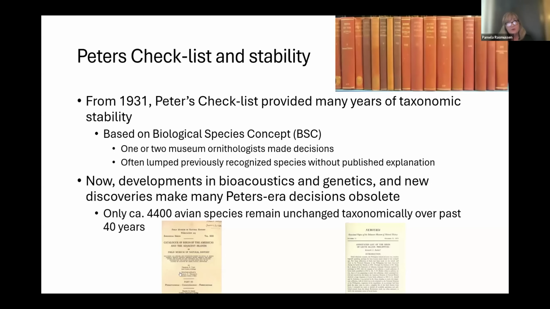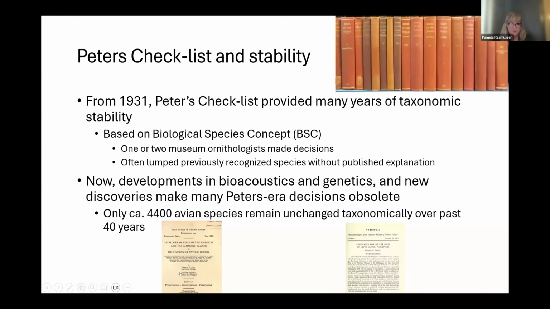And their approach was that if it could reasonably be considered a subspecies of something, it would be, whether it differed in a lot of ways or not. They were pretty conservative in making those decisions. And in each case, each volume, the first several solely by Peters, and then others took over the job when he passed away.